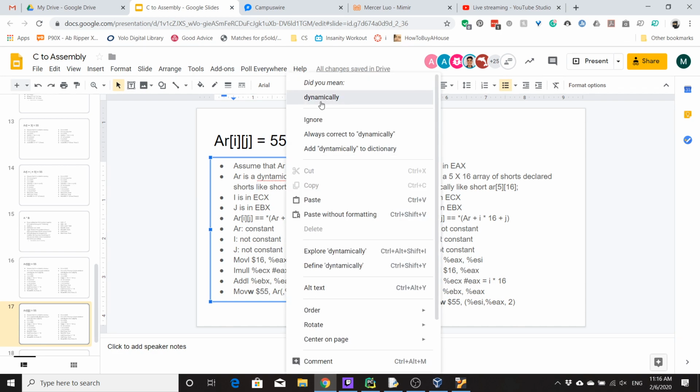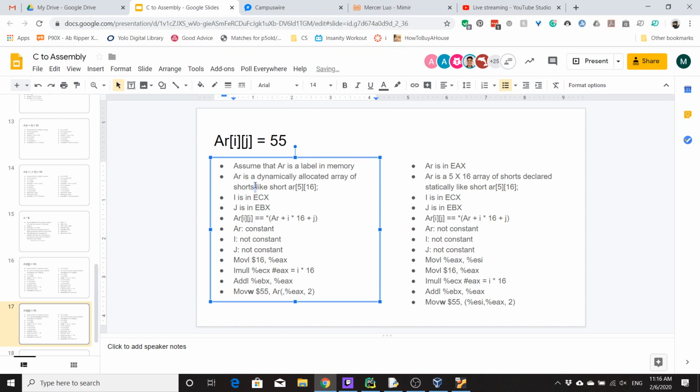So you have something like short star star AR, and then assume the space was dynamically allocated later on. How is this going to change things? How does this expression over here change?